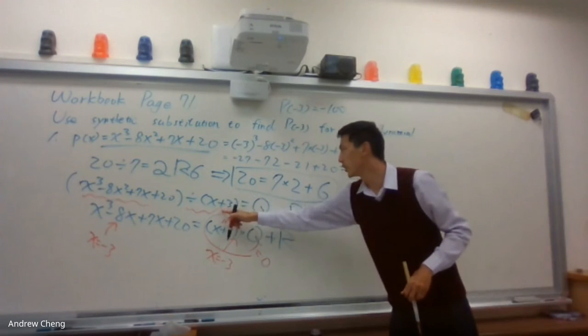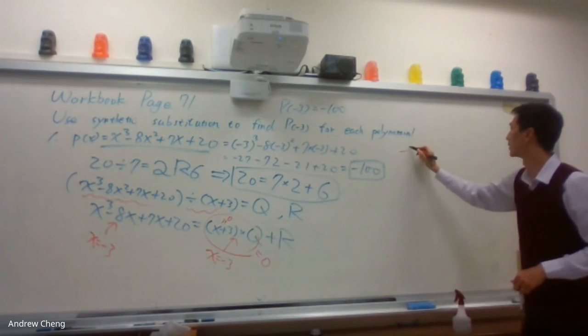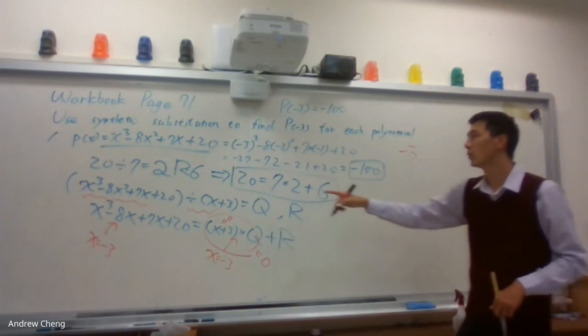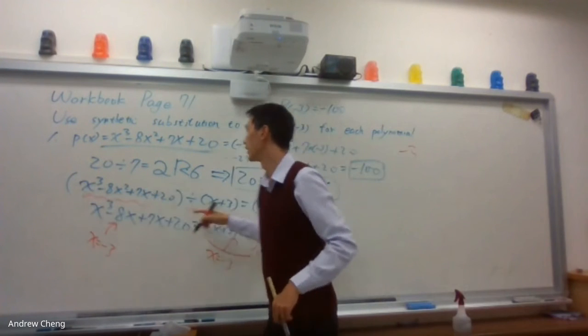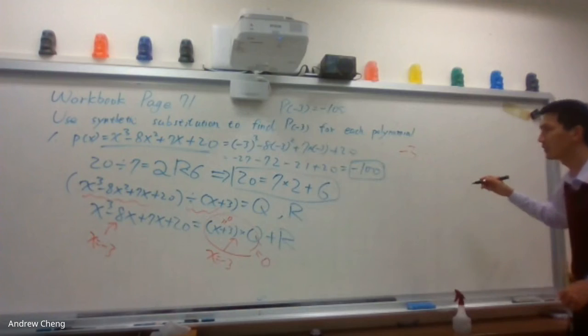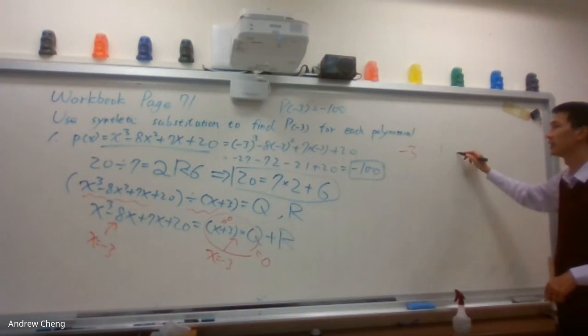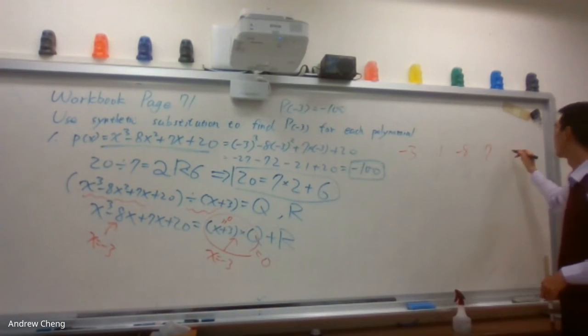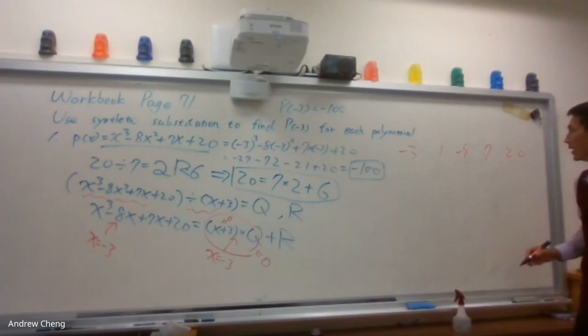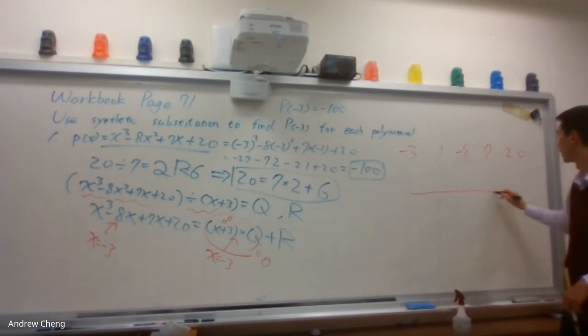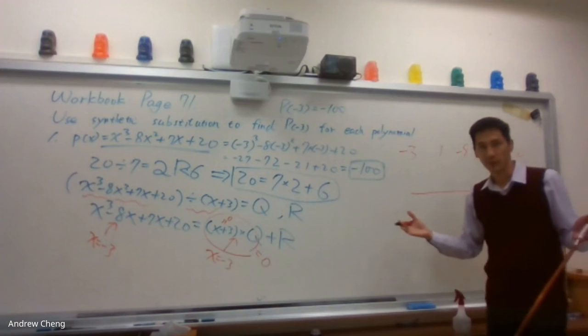First of all, change the sign, -3 here. And write down your dividend, only the coefficients. So that will be 1, -8, 7, and 20. All right. So what do we do?